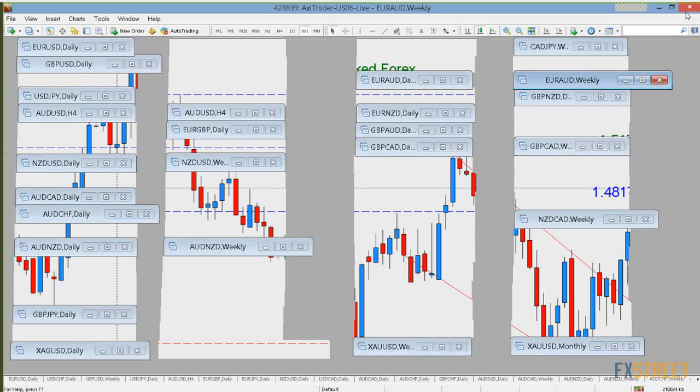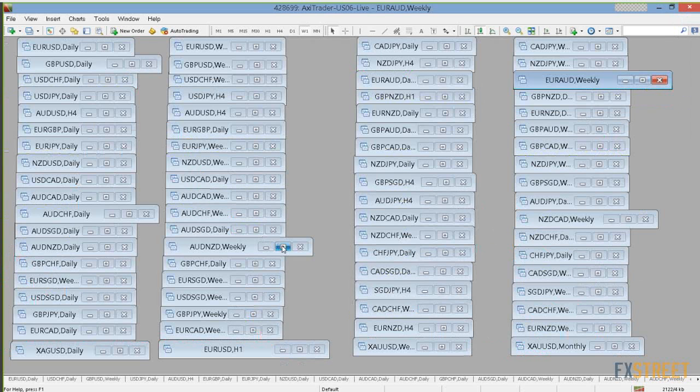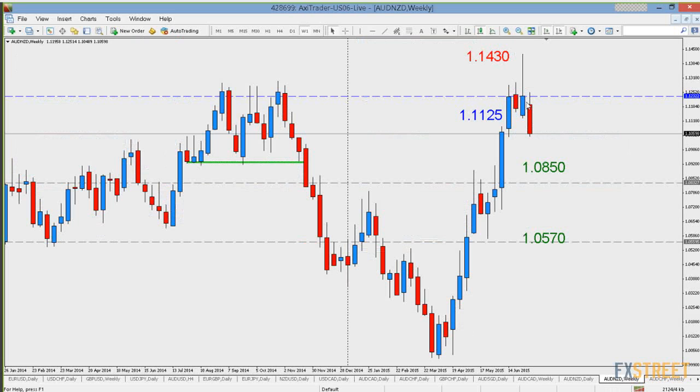That's very different to this pattern over here, which is the Aussie Kiwi weekly. This suggested instead a bearish setup, and this was a sell at 1125, about 60 pips from where it is right now. It's at 110.60 now.